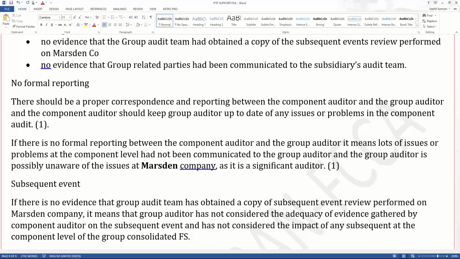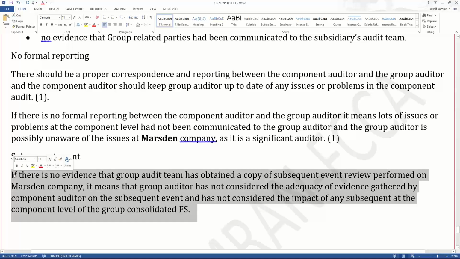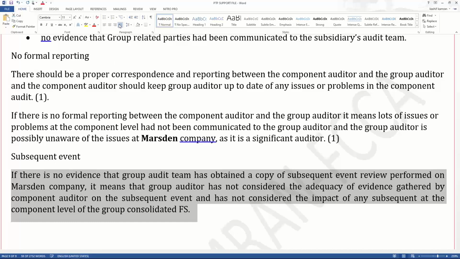Is it a significant subsidiary? What if there is a significant subsequent event at a component level? Will that impact the group financial statements? Definitely. But did you bother about reviewing the subsequent event? Do you have any evidence that you reviewed the subsequent events performed by the component auditor?